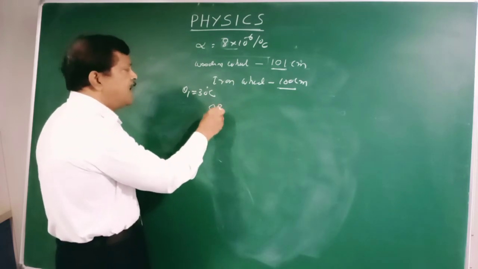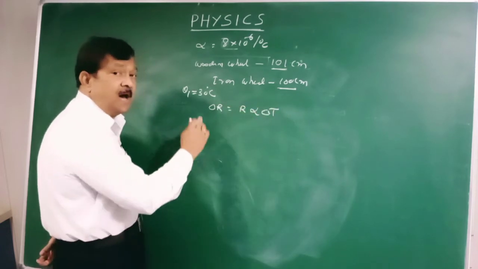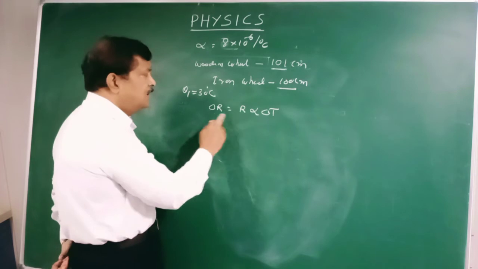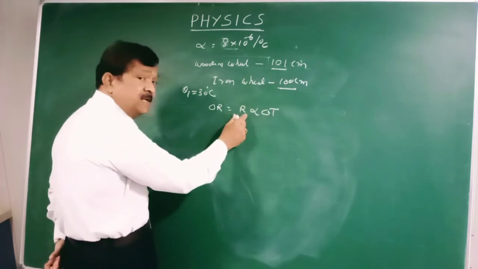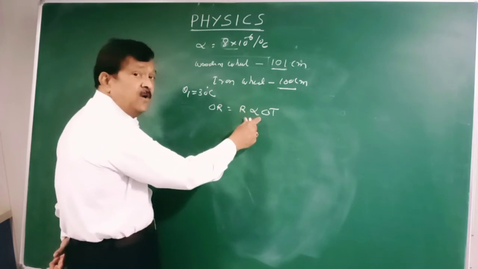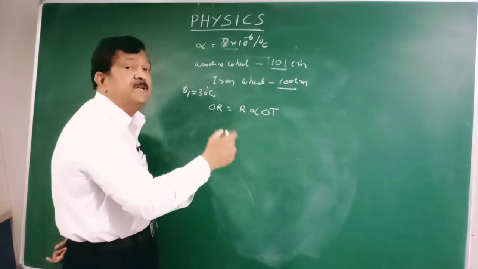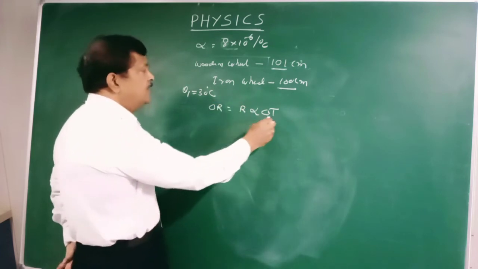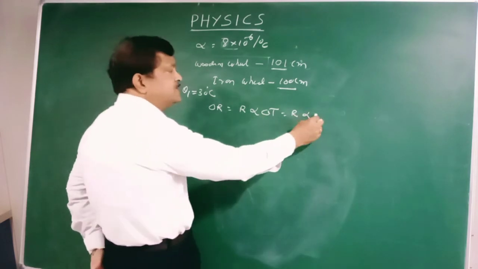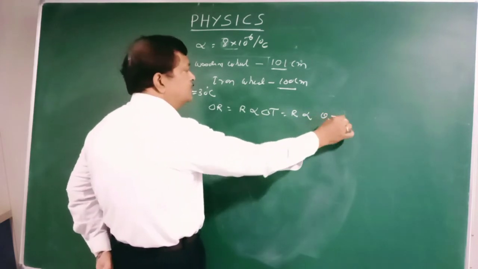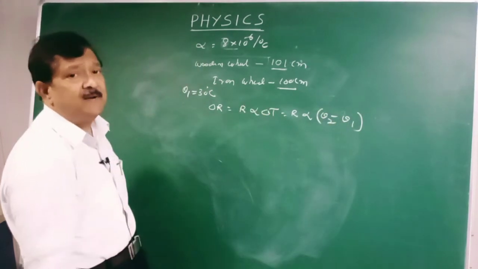So delta R equals R alpha delta T. So delta R is 1 centimeter and the initial radius of the iron tire is 100 centimeter. Alpha we know. Let us find out the temperature up to which it must be heated. Suppose it is heated to a final temperature theta 2, with initial temperature theta 1, then the change in temperature is theta 2 minus theta 1.